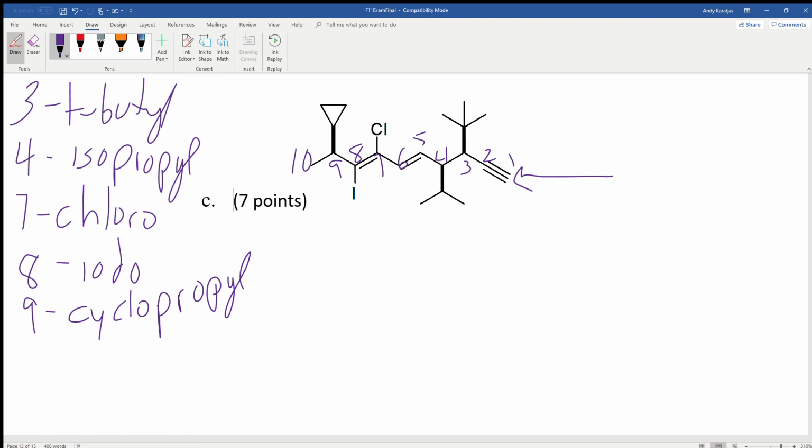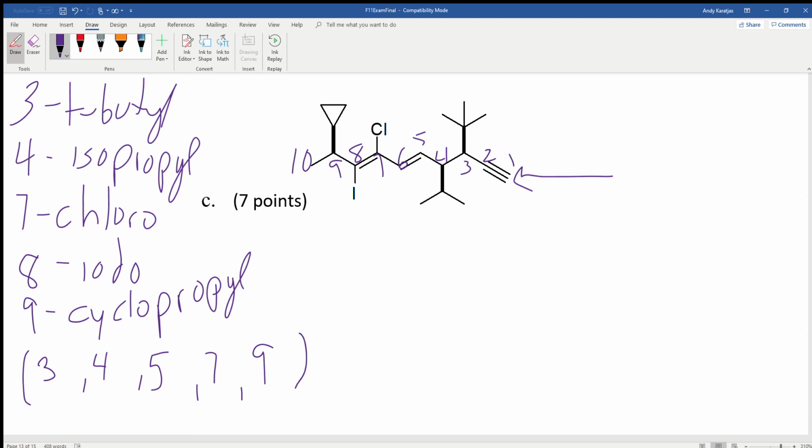So now we'll address stereochemistry last, and there's going to be a lot of that because we have a chiral center at 3, a chiral center at 4, a double bond at 5, another double bond at 7, and a stereocenter at 9.